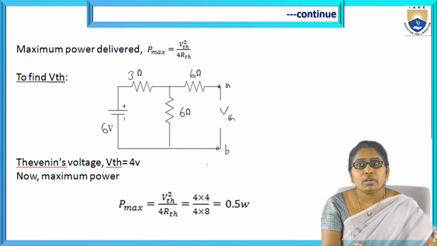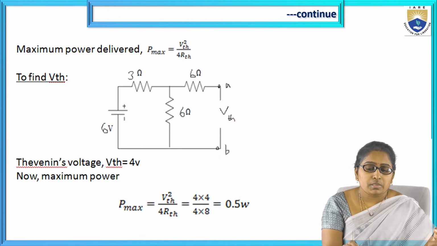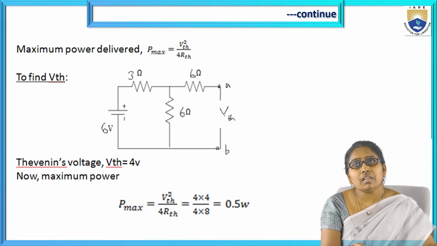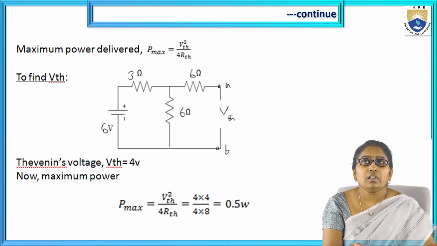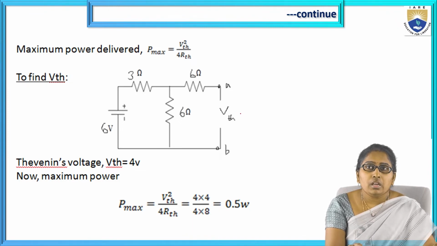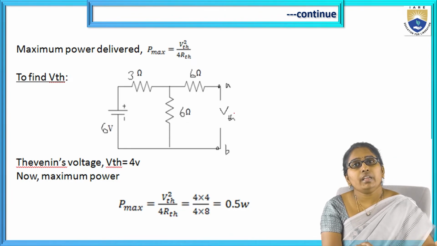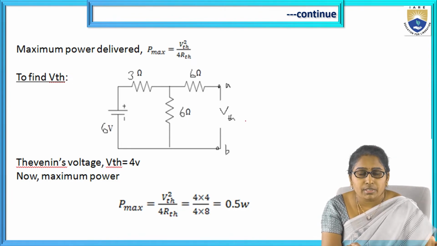That means the open circuit voltage, which is nothing but Thevenin's voltage across these terminals, without disturbing the remaining part of the circuit. Only the load resistance is removed, and there we find the voltage, that is VTH.